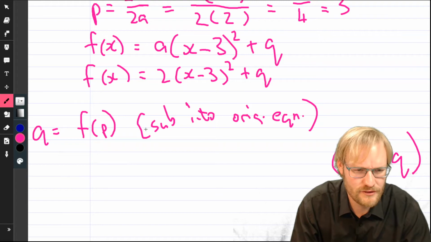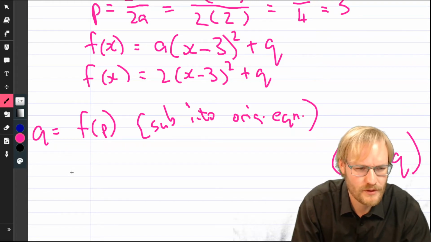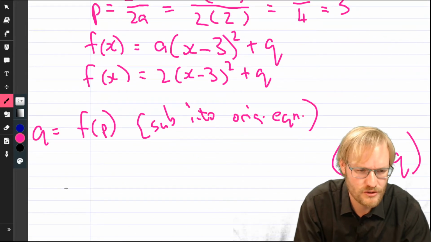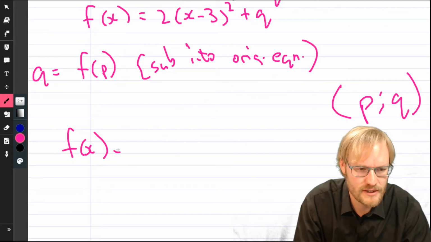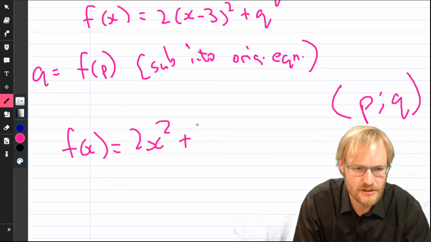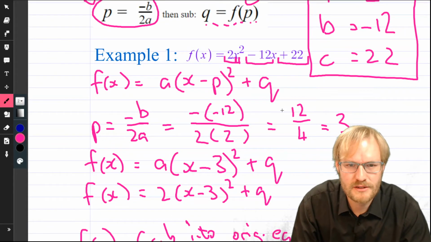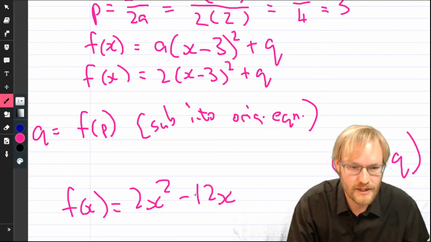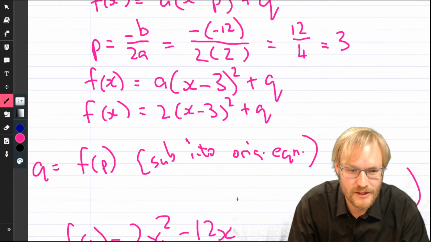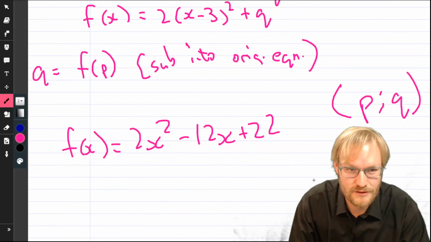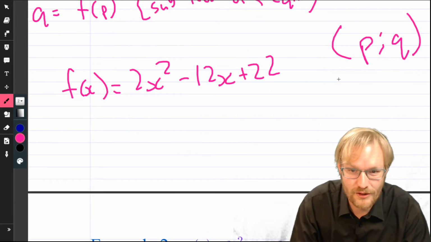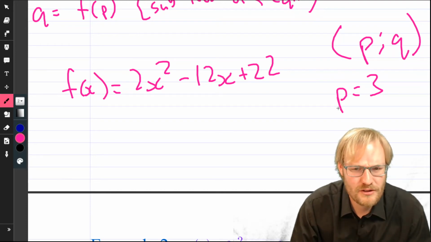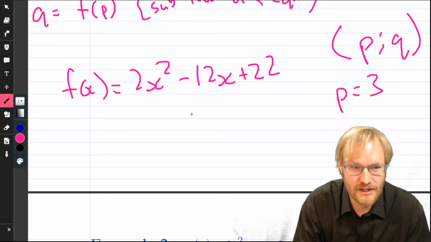So f of 3. Our original equation was f of x equals 2x squared minus 12x plus 22. Let's make sure I got it right here. Okay, and we know that p equals 3. So we're just going to substitute this into our equation.